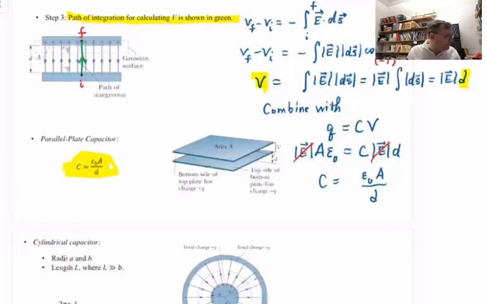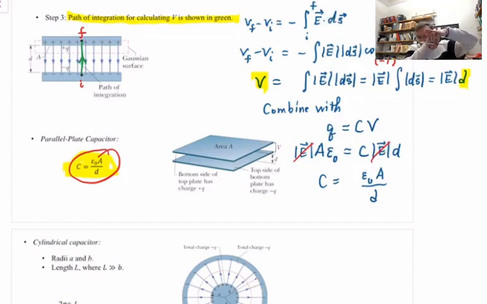Note also one key property of capacitance that follows right from this formula. The closer I put the plates, that makes D smaller, right? But D's downstairs. That makes C larger. So the closer the plates, the larger the capacitance. Now there are some dangers in putting the plates too close that we'll learn about later. Okay? But in general, the closer the two conducting plates, the larger the capacitance of the capacitor.